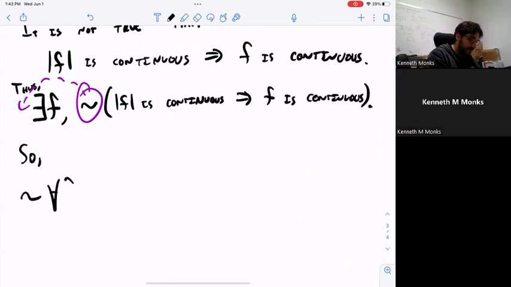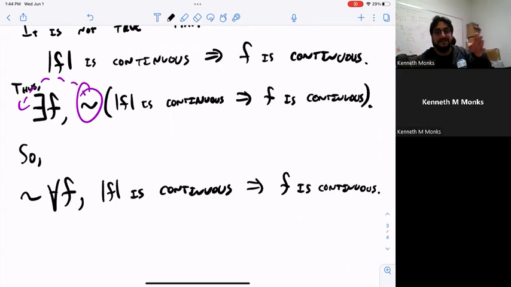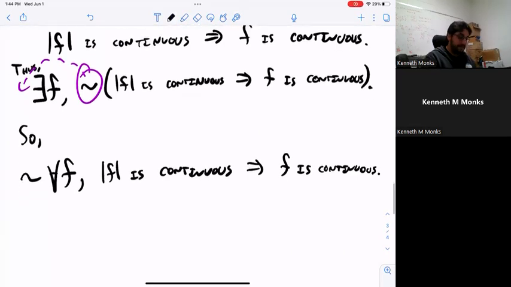not for all f, absolute f is continuous implies f is continuous. So it is not true that for all functions f, absolute value of f is continuous implies f is continuous, because I found a specific one for which it was not true.